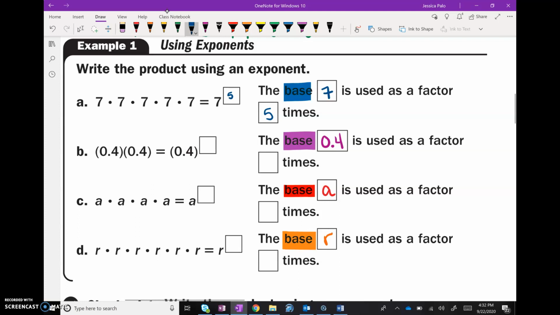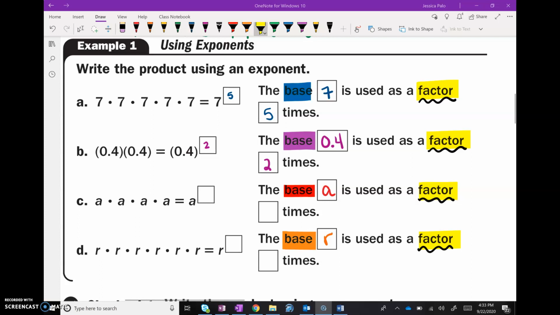Example B has our base 0.4 being used as a factor 2 times. So our exponential expression is 0.4 to the 2nd power. Remember, the word factor means that numbers are being multiplied.